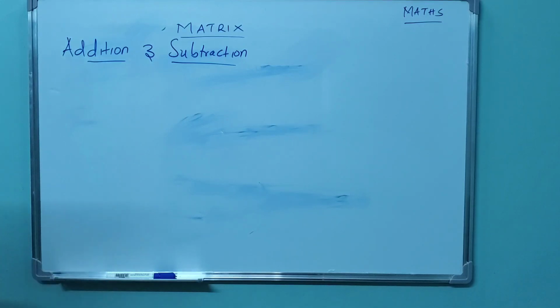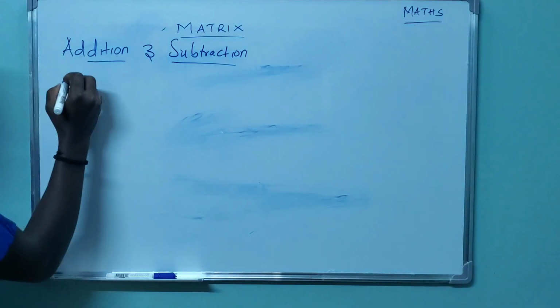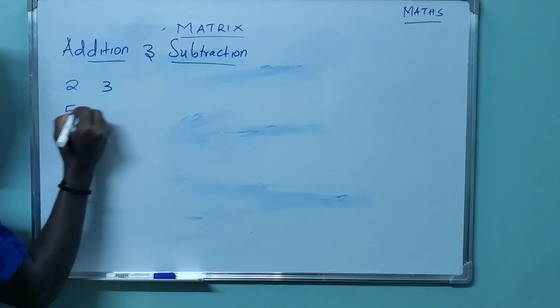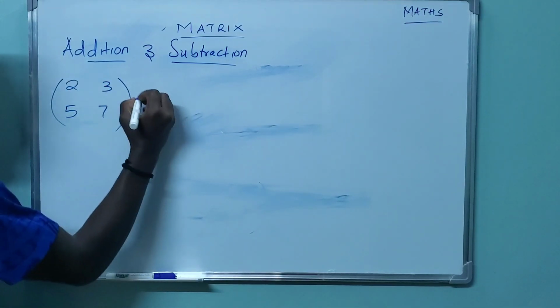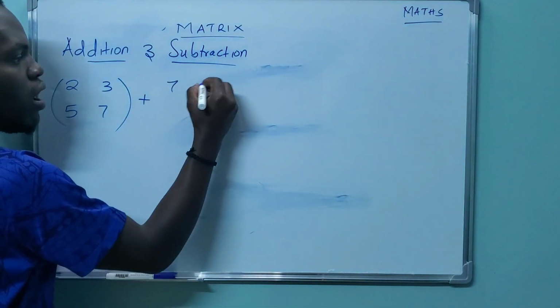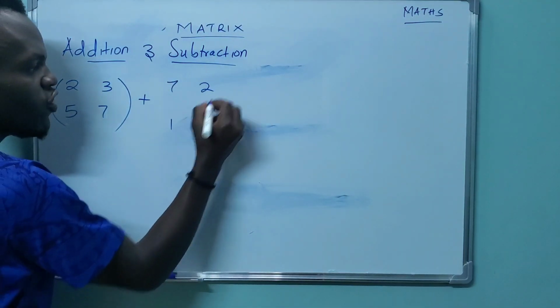This is because whenever we are adding or subtracting matrices, we are going to focus on the position of each number in that matrix. For example, let's say I have a matrix like 2, 3, 5, 7. I've been told to add this matrix to another matrix, which is 7, 2, 1, 3.